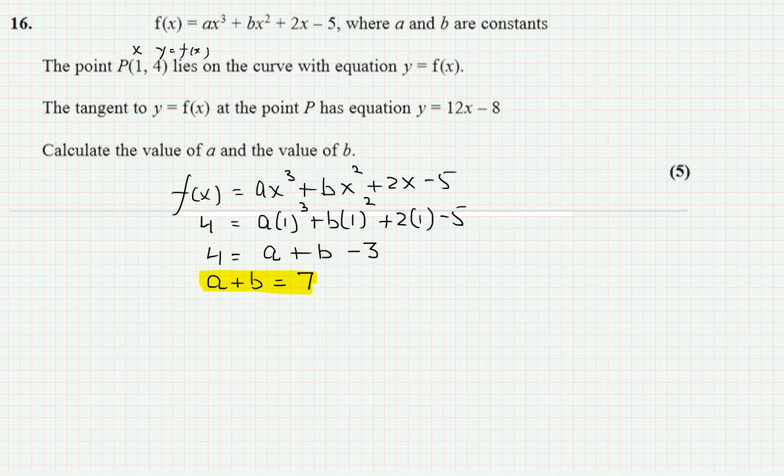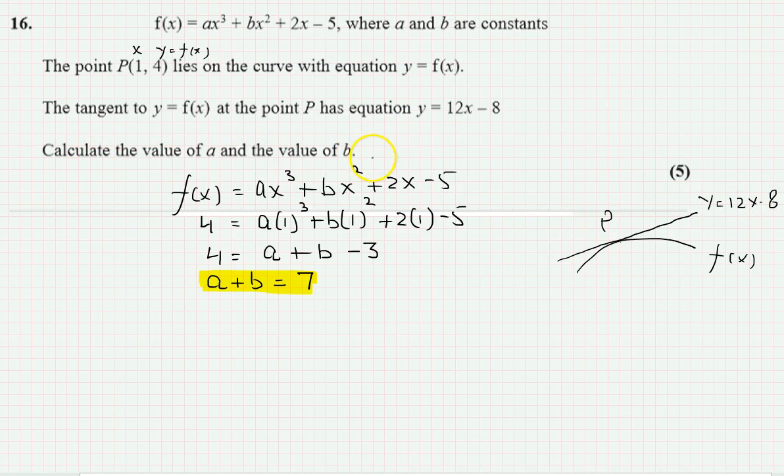Now the question says the tangent. Suppose this is a curve and this is a tangent. This is fx at point P as equation. So this tangent has equation y is equal to 12x minus 8.